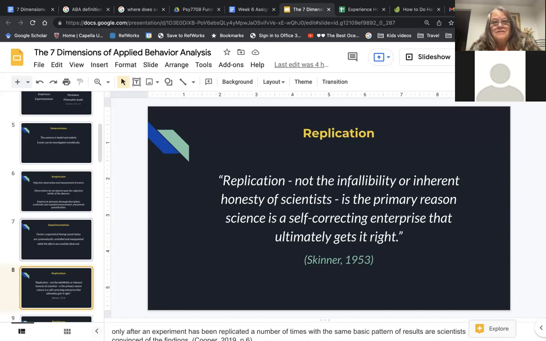And they do that by trying to replicate. If one scientist has a premise or a procedure that had certain results, someone else will try it and see if they get the same or similar results. And if it works, then they begin to have a basis for saying, well, this is a principle. So in behavior analysis, we have many principles that have been established by replication.